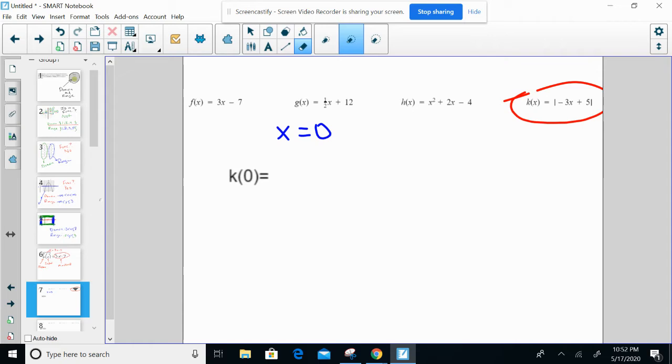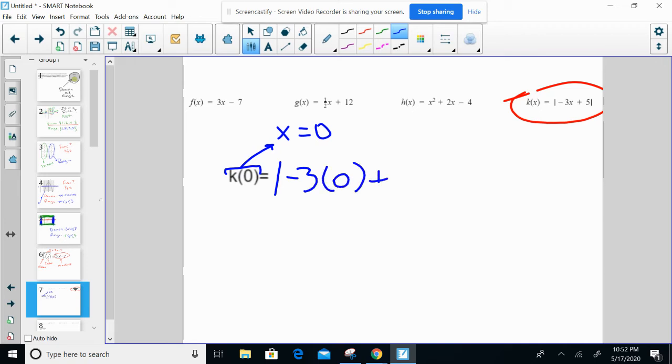So x is 0. That's what this means, that x equals 0. Now we want to find the y. So let's plug in. We're replacing the x with 0. And keep in mind, those lines around the problem are absolute value.